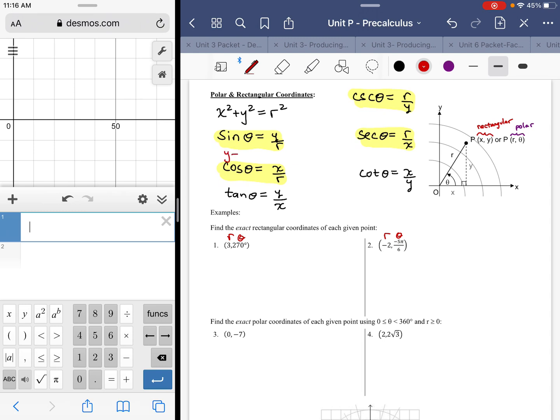For example, I can say y, if I cross multiply, y is equal to r times the sine of theta. I could say x is equal to r times the cosine of theta.